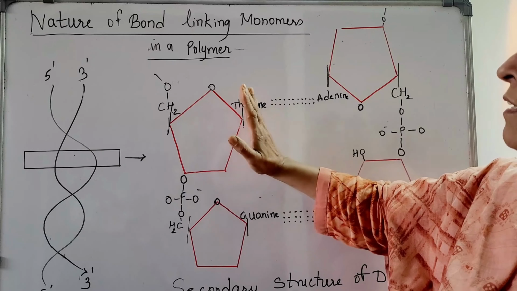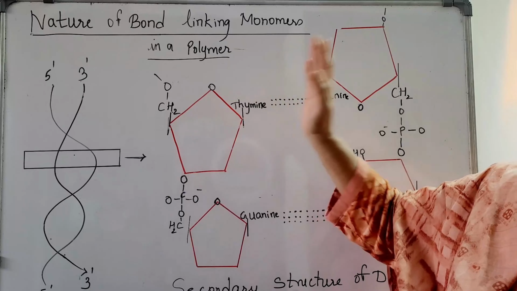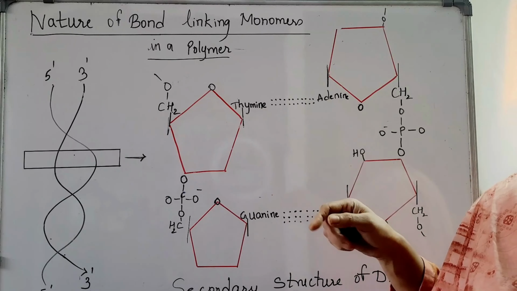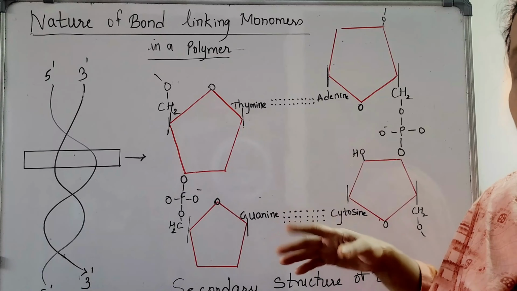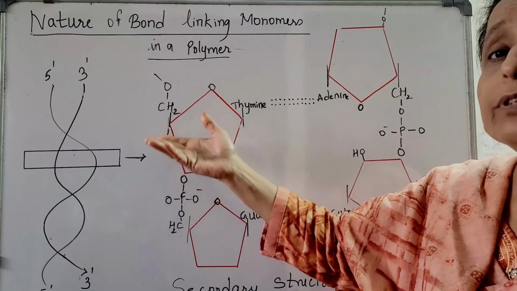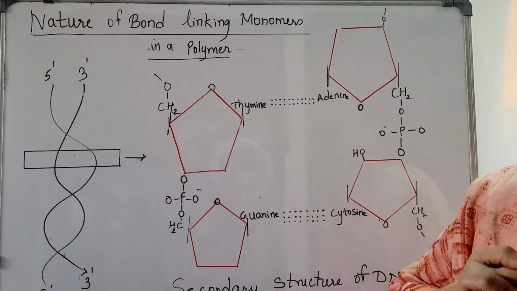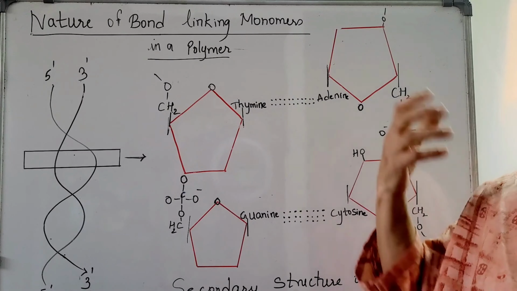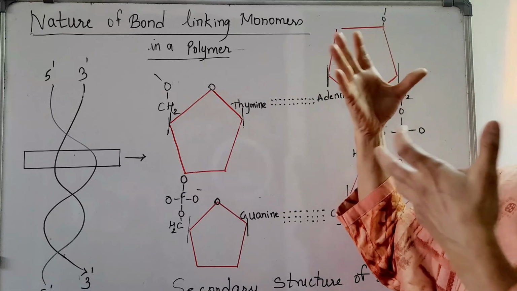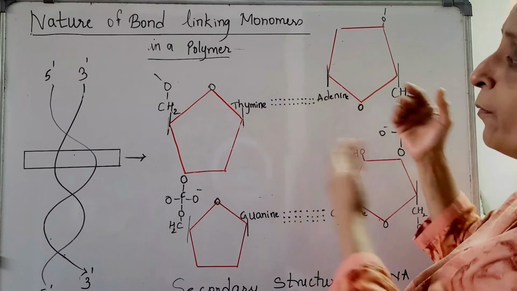Now this DNA has two strands. They form secondary structures. According to the Watson-Crick model, that is the B type of DNA, the secondary structures are formed in this way.